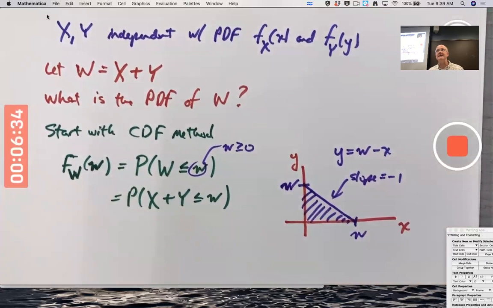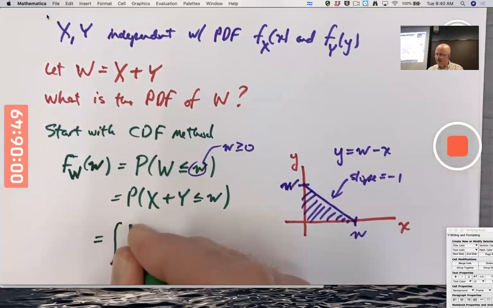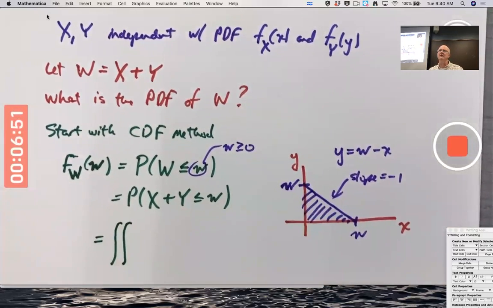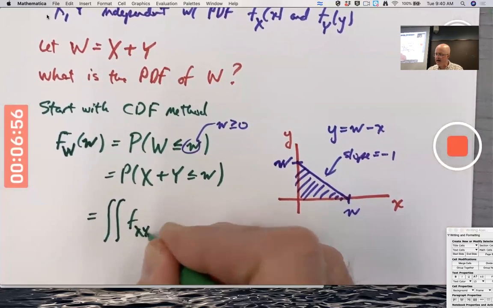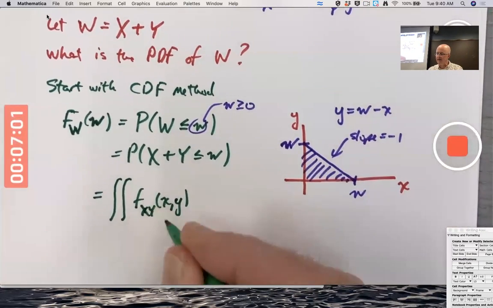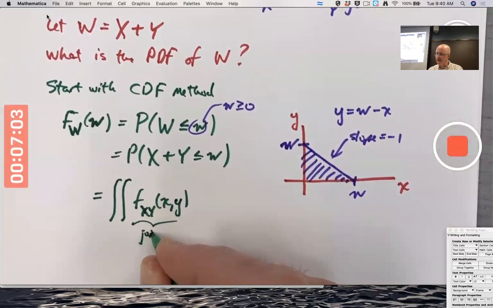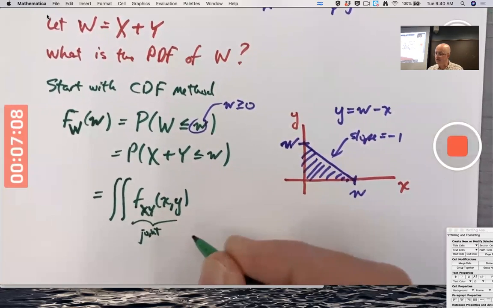And what this means is, to find this probability, you need to do a double integral over this region of the joint density, f sub xy of little x, little y. I haven't said what the joint density is yet, but the independence assumption is going to help us figure that out.